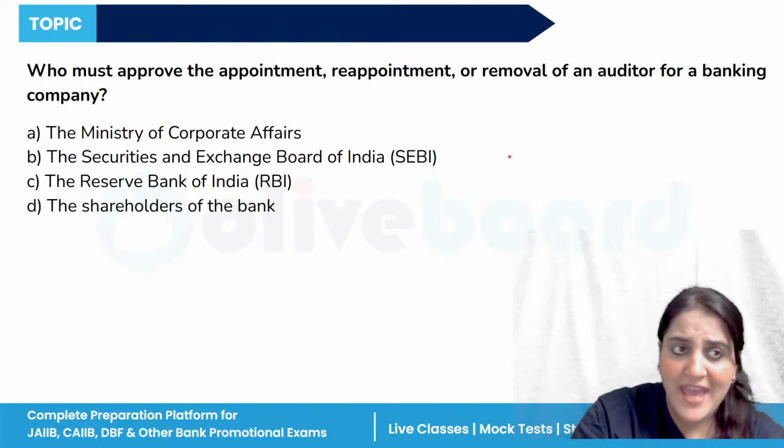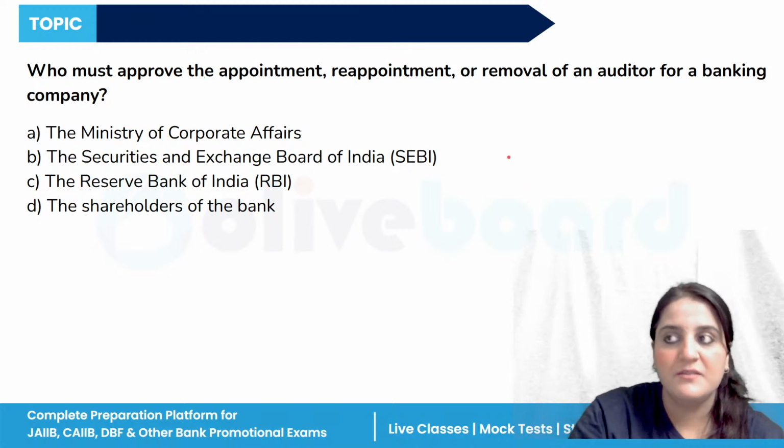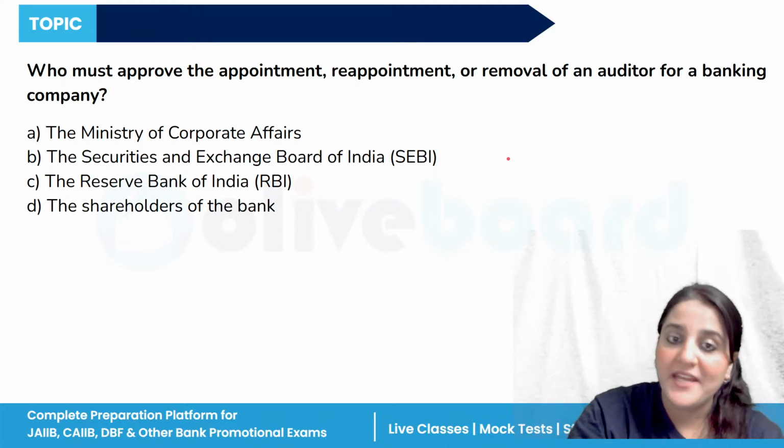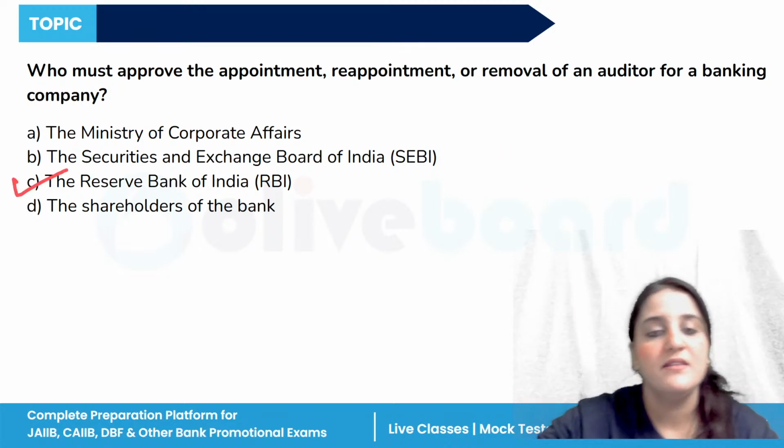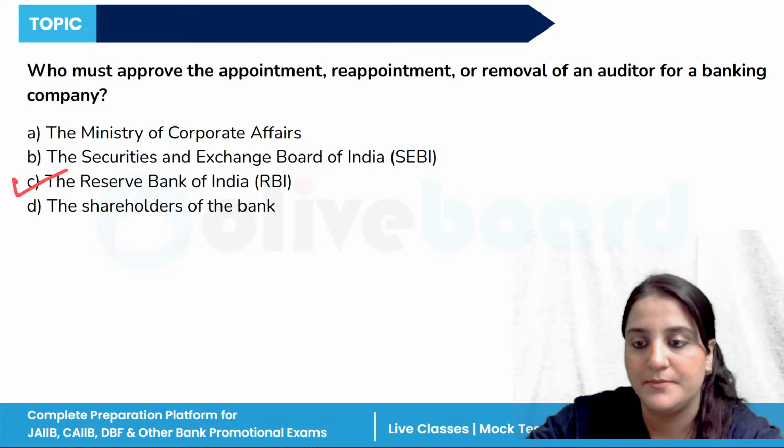However, every banking company, before appointing, reappointing, or removing an auditor, is required to obtain the prior approval of the RBI, that is Reserve Bank of India. Very good, Yogesh sir.